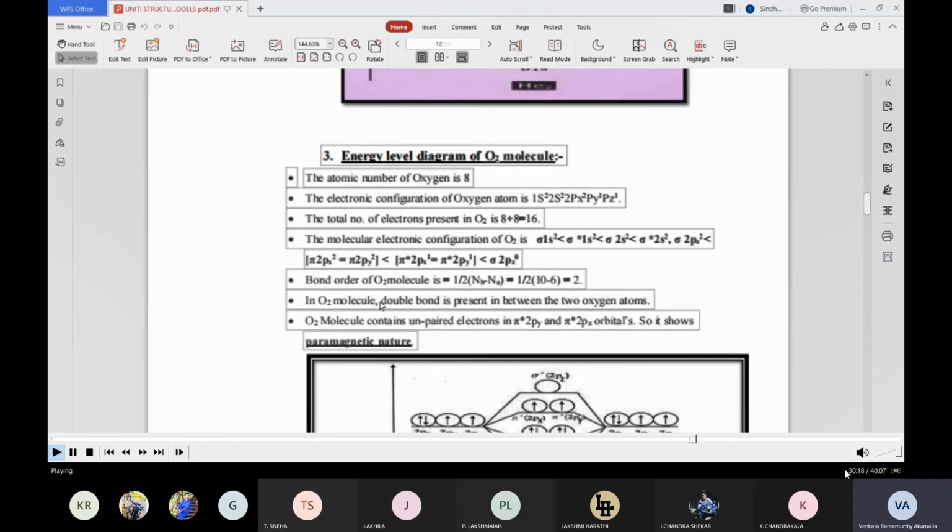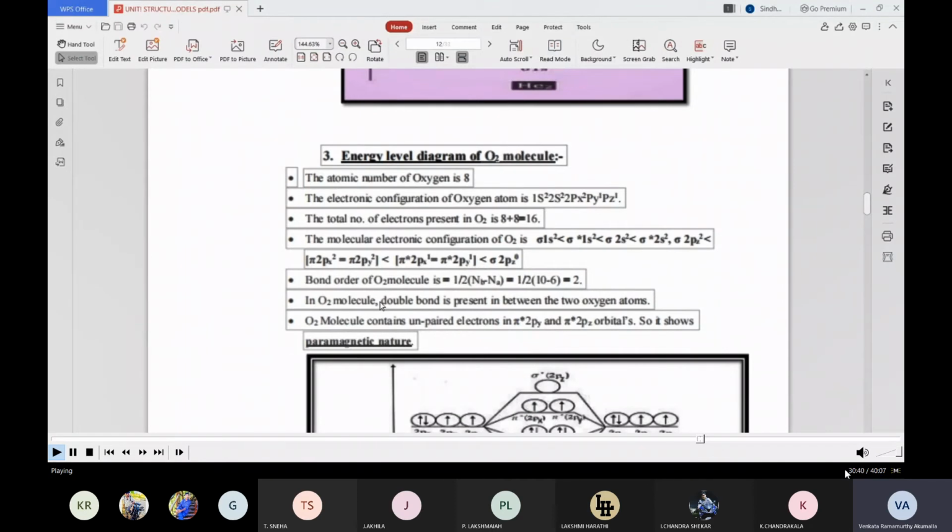So once again, the energy level diagram of the oxygen molecule. The atomic number of oxygen is 8. The electronic configuration of the oxygen atom is 1s2, 2s2, 2px2, 2py1, 2pz1.